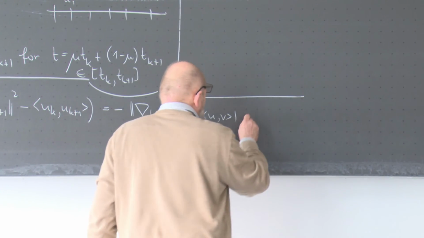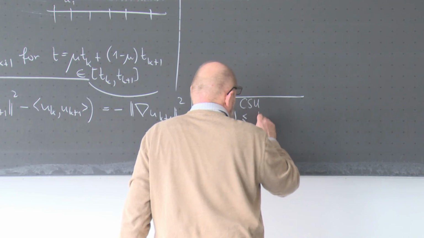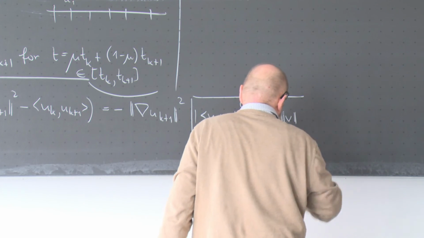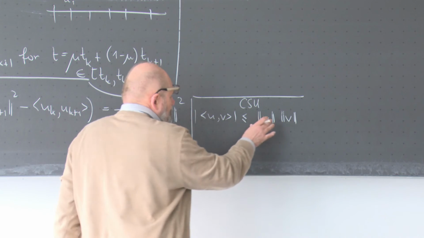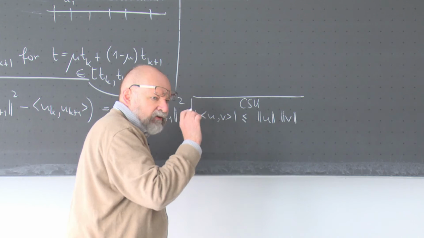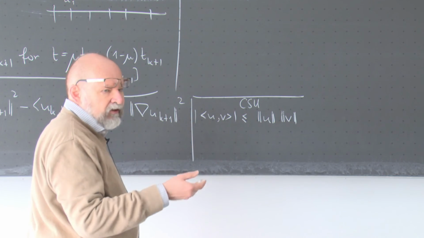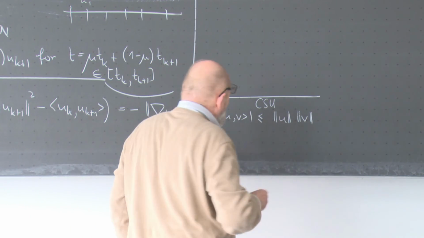Of course, what we do is we apply the Cauchy-Schwarz inequality, that is, we get norm times norm. Typically, one of these terms we would like to control, so we would like to have it with a small factor to absorb it at the other side. And the other, okay, we have to live with.